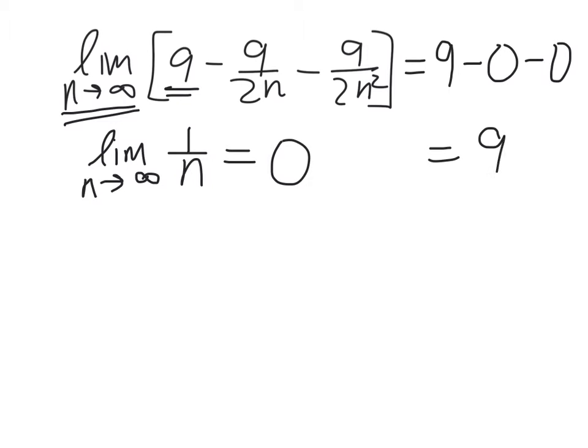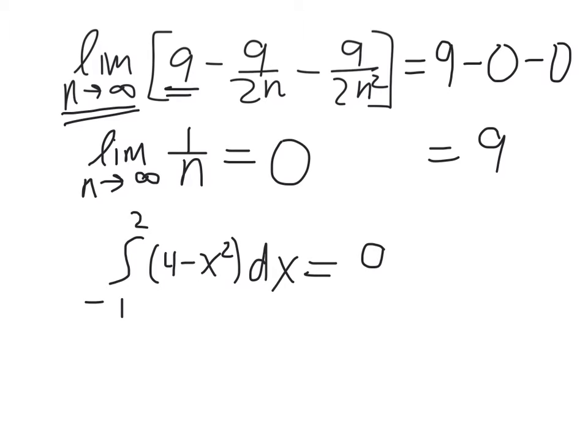So this is going to equal 9. So from the very beginning, we started with this definite integral and working through the definition of the definite integral and all of the many, many steps, we get 9.